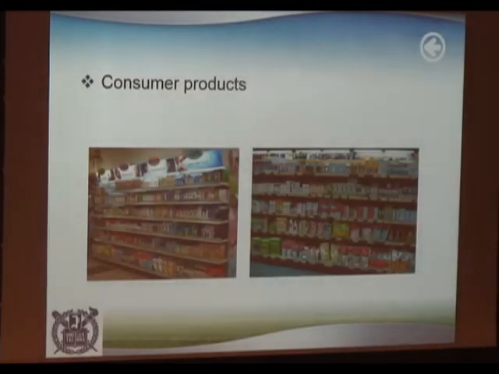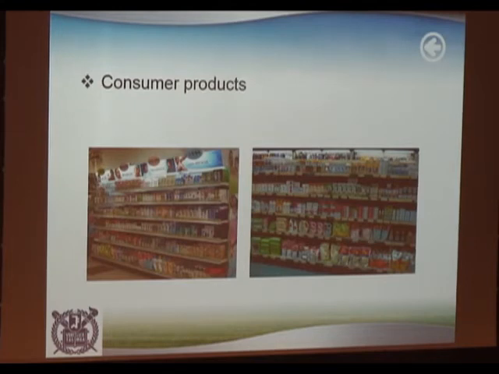Consumer product. When we go to a supermarket, you will see many, many different products. And I remember about 25 years ago when I went to the US the first time, in the supermarket, there was only one aisle of consumer products. Now, there are several aisles by very specific purpose. That means we are using many, many different consumer products.